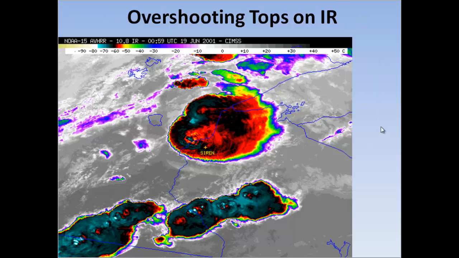Here's just another look at some overshooting tops on an infrared picture here. Very cold cloud tops here, looks like on the order of, again, 70 to 80 degrees below 0 Celsius, with the warmer cloud tops around them.